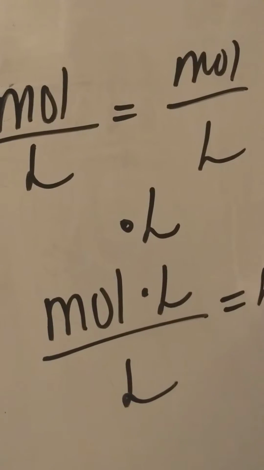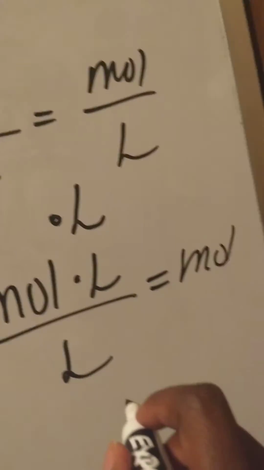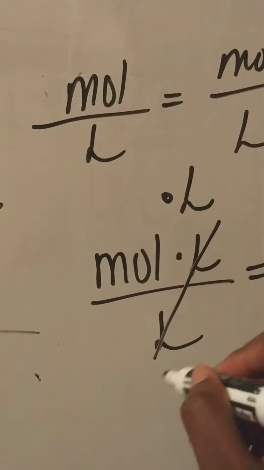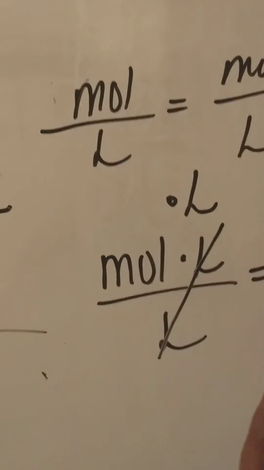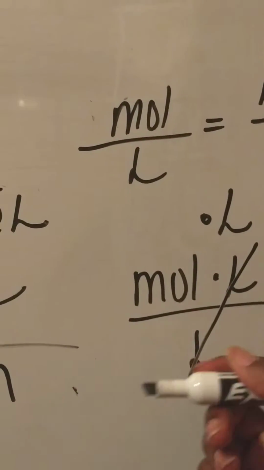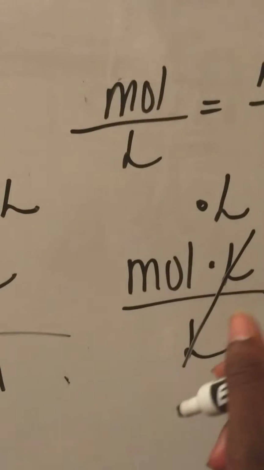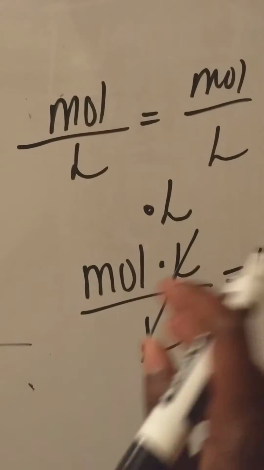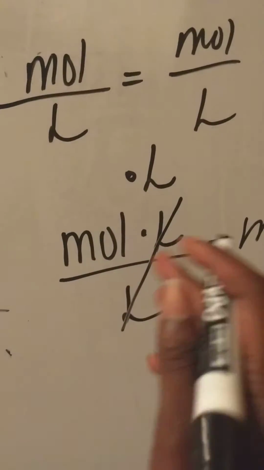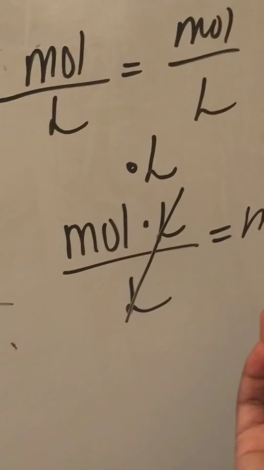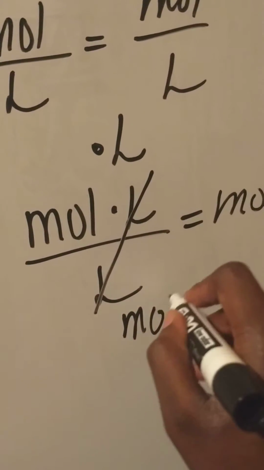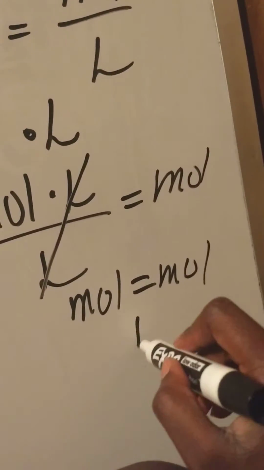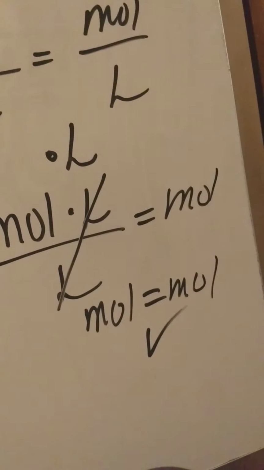I feel like I'm overcomplicating this, but hopefully it makes sense. And then you just cancel that out, because a number over a number equals 1, L over L equals 1. It cancels out, which basically just gives you moles times 1, which is just moles, and then moles equals moles, and that solves out.